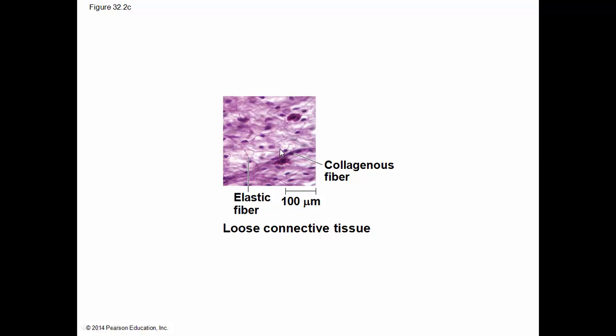Okay, here's loose connective tissue, like would be found on the surface of the structure of the stomach. It's got elastic fibers and collagen proteins that allow it to move around. The loose connective fiber can include tissue which holds skin and other organs in place.